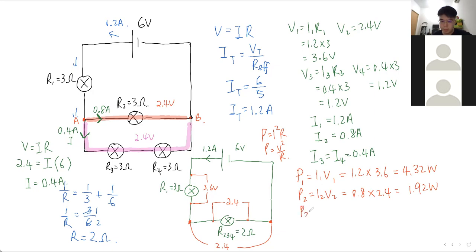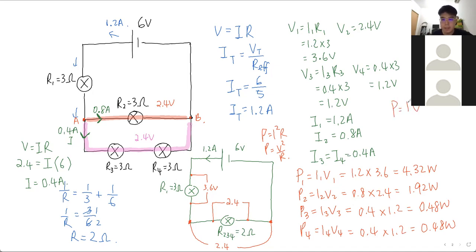Then P3, 0.4 times 1.2, that is 0.48. And the last one is I4 V4 equals 0.4 times 1.2, also 0.48. Afterwards I also want to find the power from the battery. Power from the battery is also IV, but this is the battery's, equals 1.2 times 6, which gives 7.2 watt. Okay, 7.2 watt.